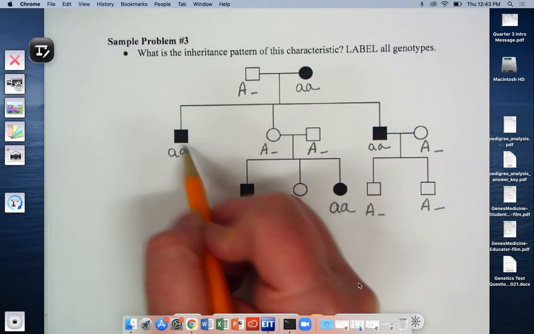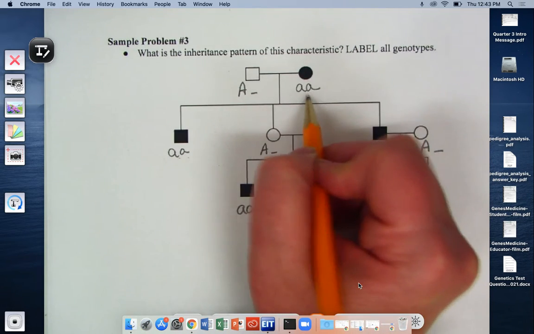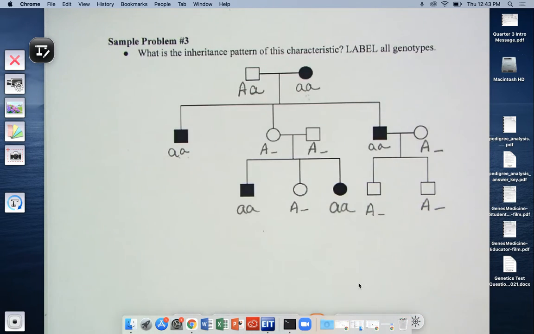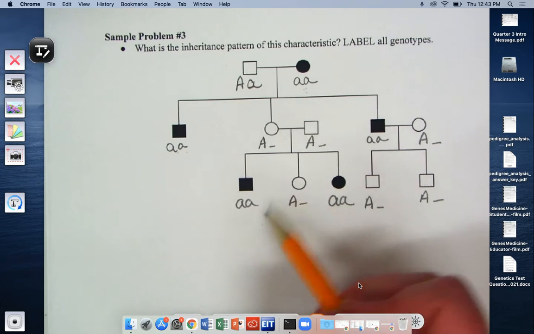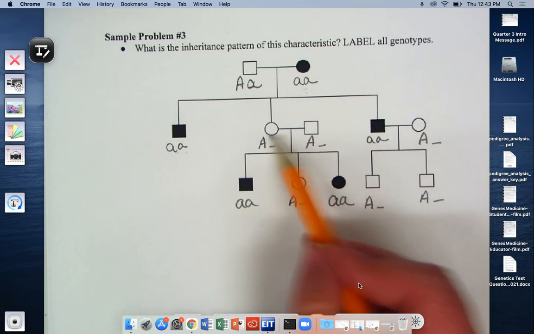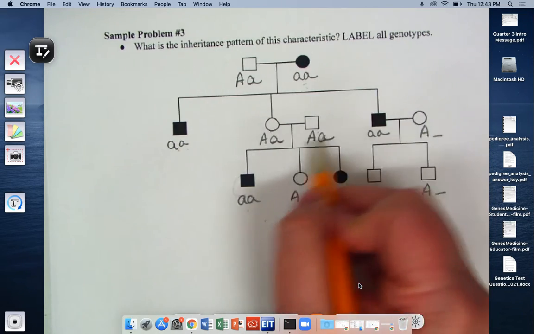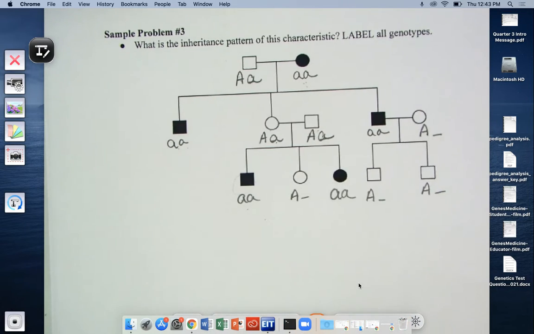So again, here we have 2 A's. One came from this parent, so the other one had to come from that parent. Down here, 2 A's. The only way this child has 2 A's is if the parents are heterozygous, right? One came from one parent, one came from the other parent.